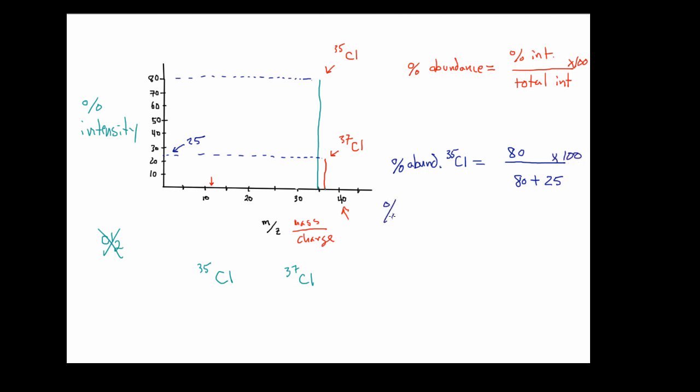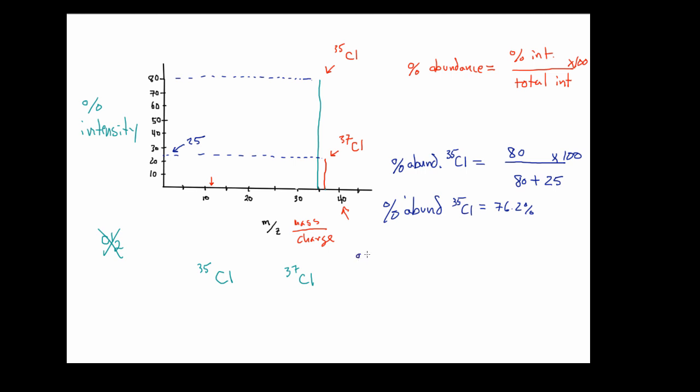So the percent abundance for the Cl35 is going to equal about 76.2%. So 76% of the sample that was injected into the instrument was composed of Cl35.